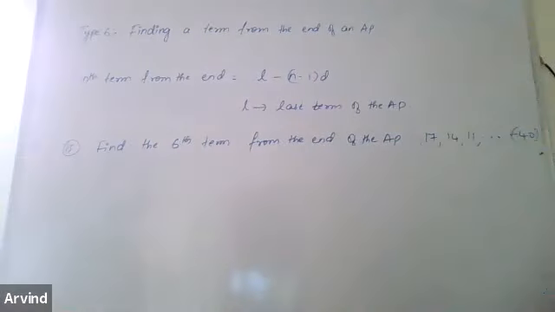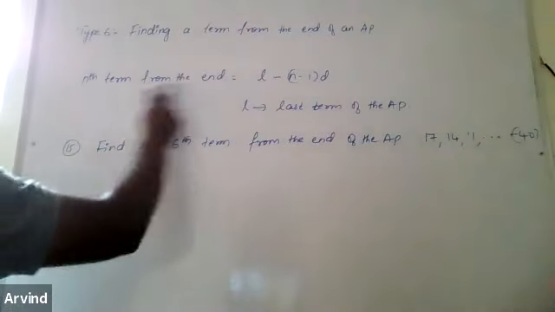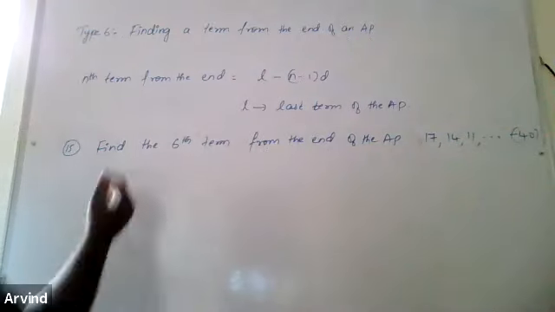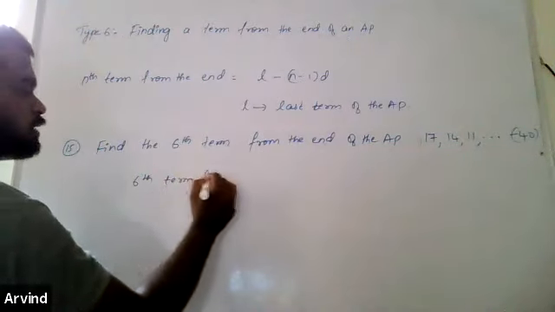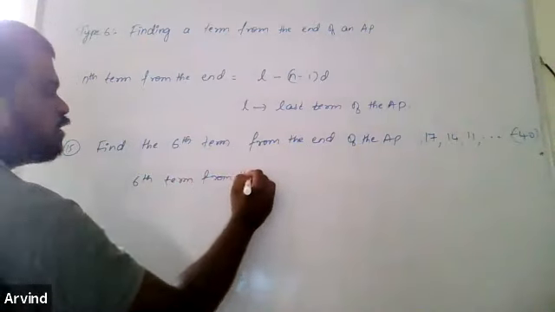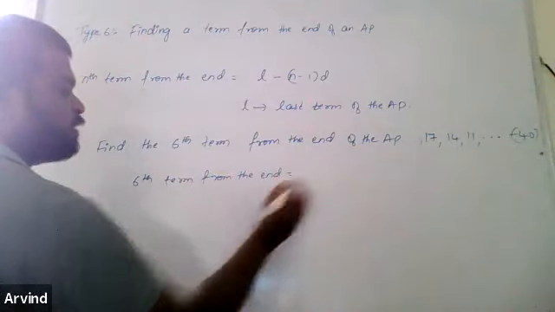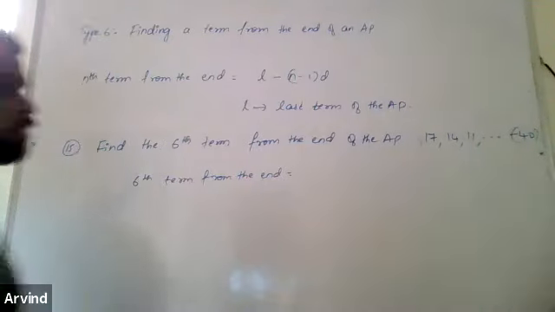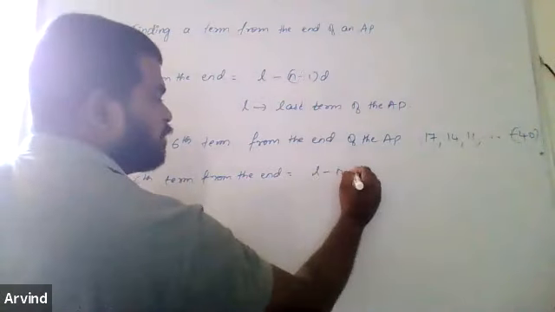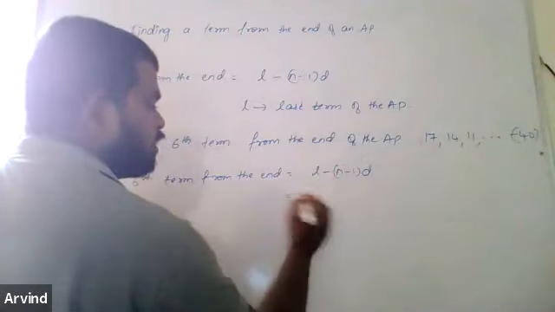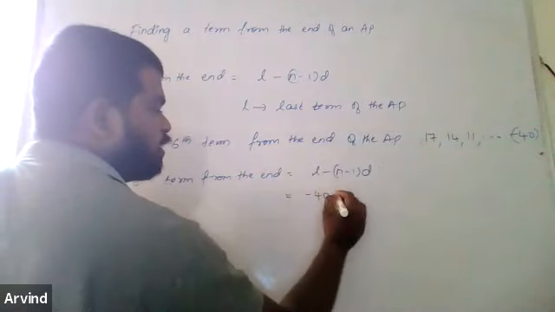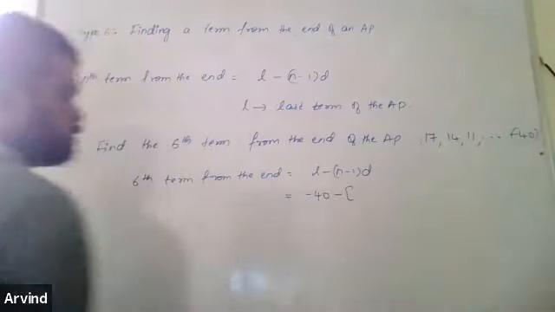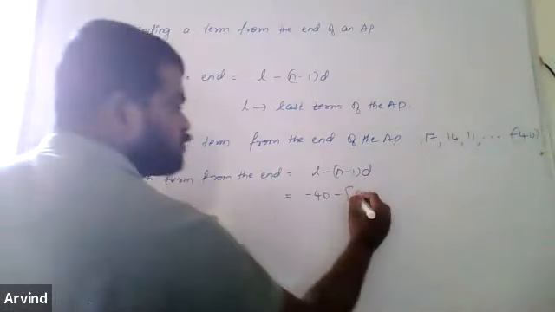Okay, so we know the formula. Nth term from the end is given by this formula. We have to find the sixth term from the end. Let's write it in the statement itself. Sixth term from the end is equal to L minus n minus 1 into d. Your L is the last term, minus 40, minus, your n value is 6 because you want the sixth term, so 6 minus 1.